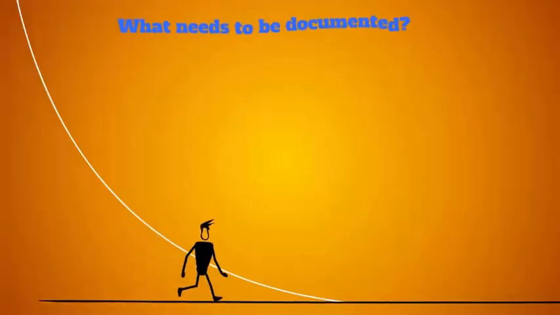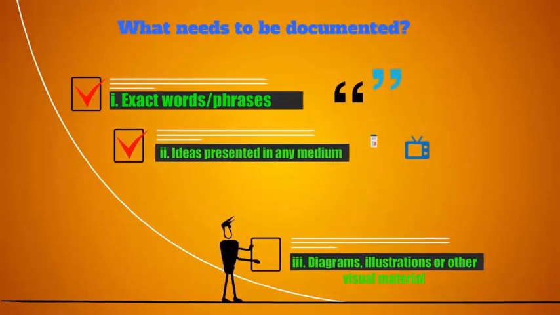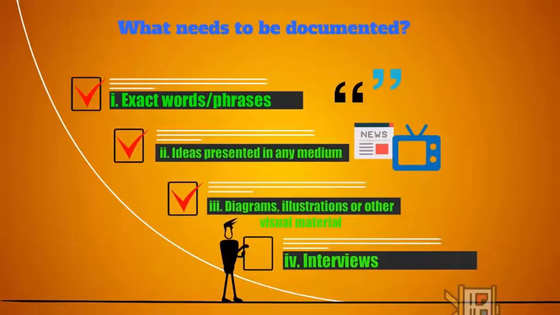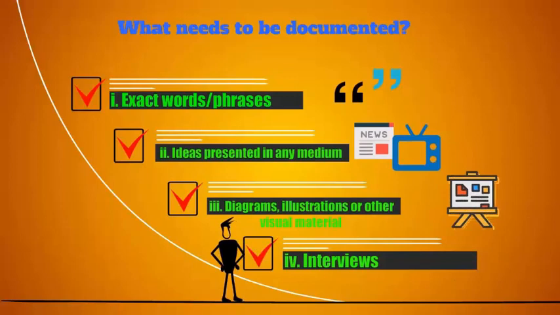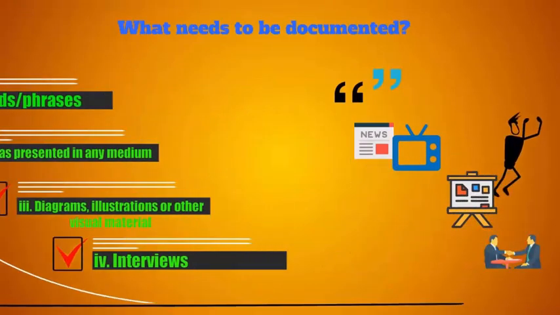The things that need to be documented are exact words and phrases, ideas presented in a book, web page, or any other medium, diagrams, illustrations, pictures, or any other visual material, and quotes from an interview.